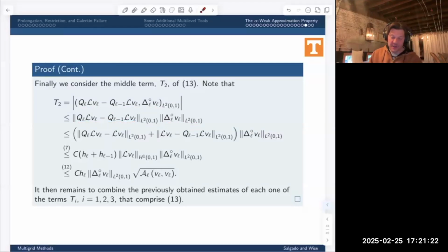Now I'm going to use the triangle inequality. The triangle inequality says that I can insert an LVL here, plus and minus. Now I just want the difference between the Q and the L2 projection in this continuous function and the L2 projection in this continuous function, same one.